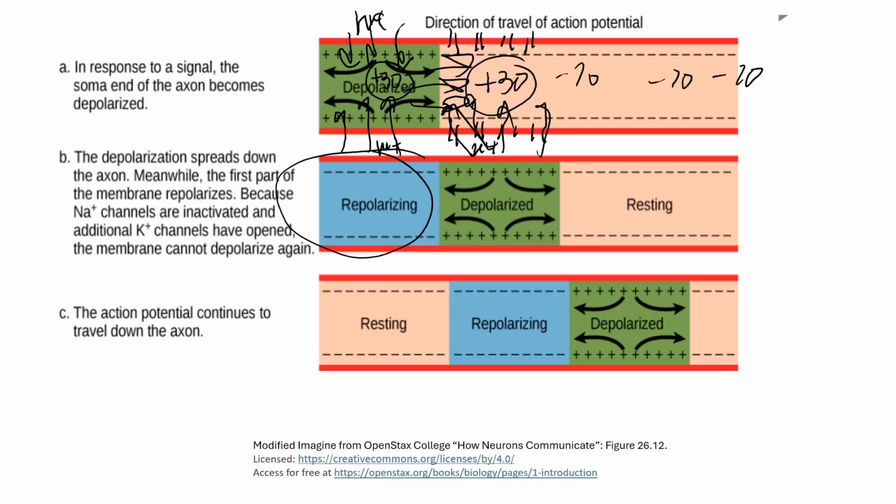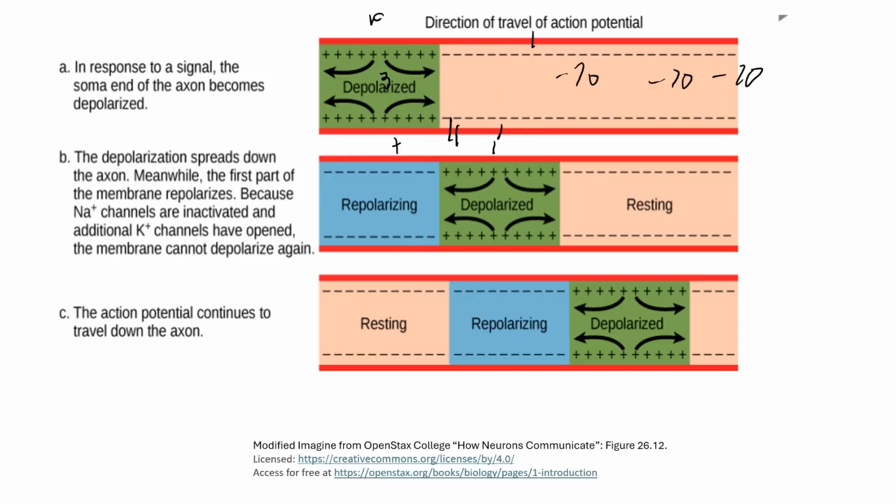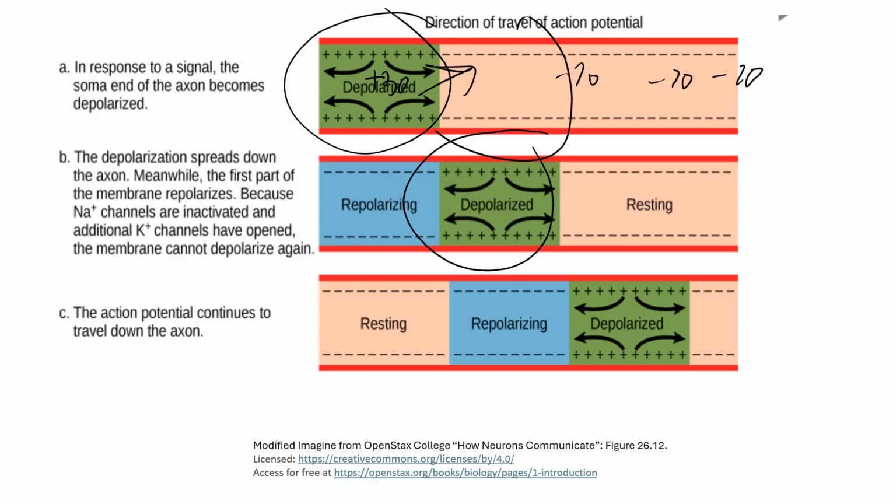But what's important to see is how in the first image, this region, this hillock region, or a region of the axon, it doesn't matter, it was depolarizing at first, right? The interior depolarized to positive 30. And then what happens is the next region depolarizes. Well, how could that be?